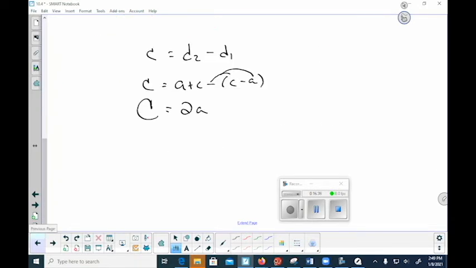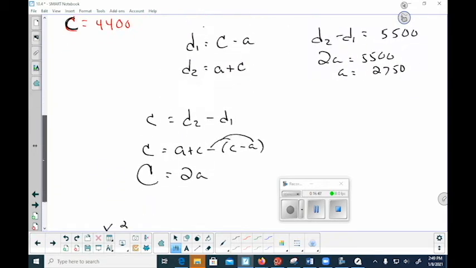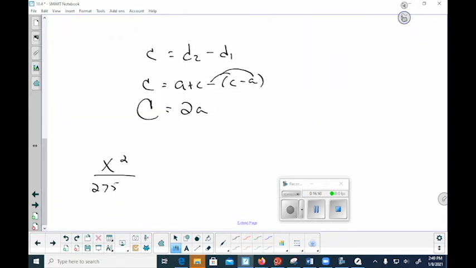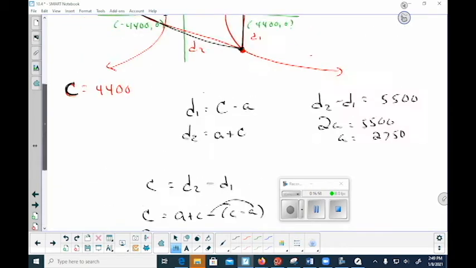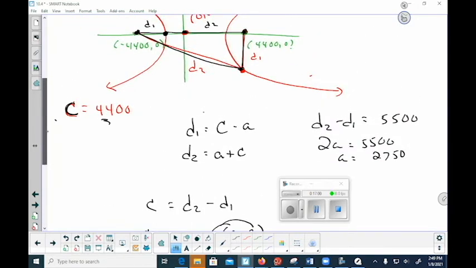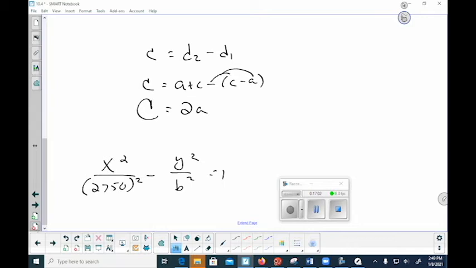So what do I have so far? I have x squared, because I'm opening left and right, x squared over a squared, which will be 2750 squared, minus y squared over b squared, equal to 1. I don't know b squared, but I do know c. To find b squared, I use c squared equals a squared plus b squared.